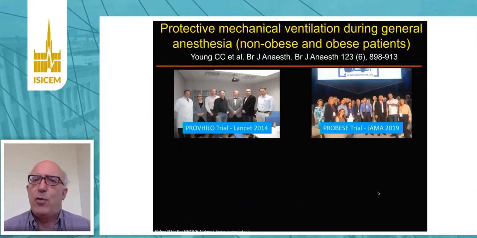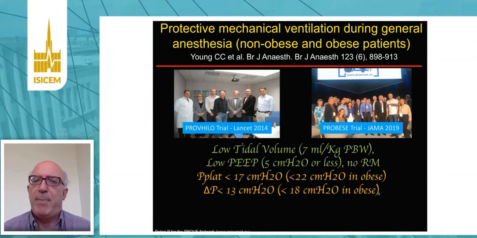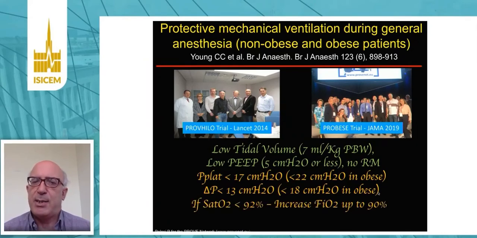So a large group of people from Europe and the United States decided to join together and write the protective ventilation guidelines during general anesthesia in non-obese and obese patients, mainly coming from our largest trials, PROBESE and PROTHOR. So we suggest to use low tidal volume, low PEEP at 5 centimeters of water or less, and no recruitment maneuver, plateau pressure less than 17 centimeters of water and less than 22 in obese patients, and a driving pressure less than 13 in non-obese and less than 18 in obese patients.